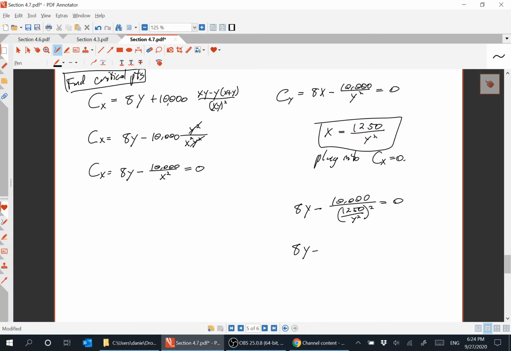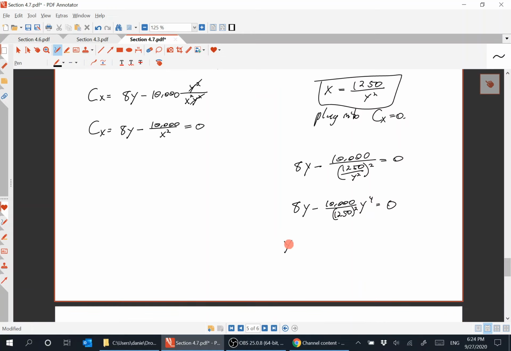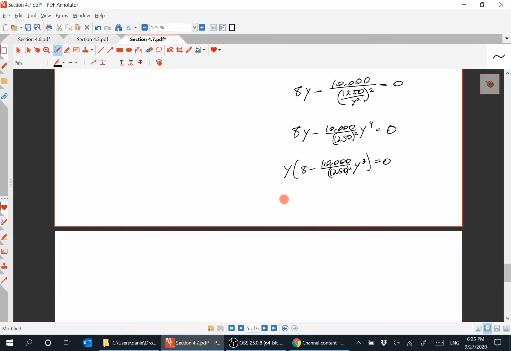Well, 10,000 over 1250 squared y to the fourth is equal to 0. So y times 8 minus 10,000 over 1250 squared y to the third equals 0. So this says y is equal to 0, or y to the third is equal to 8 times 1250 squared over 10,000.